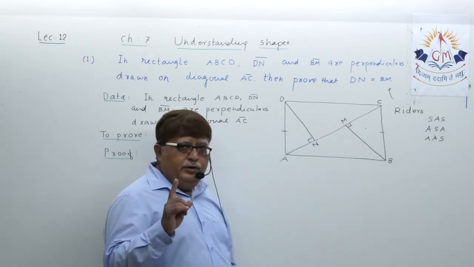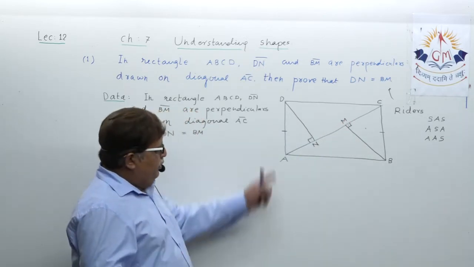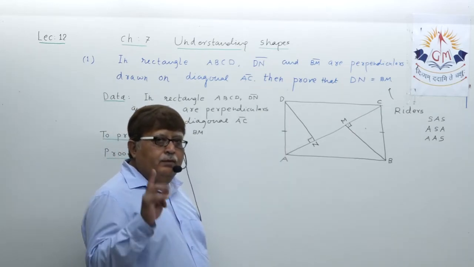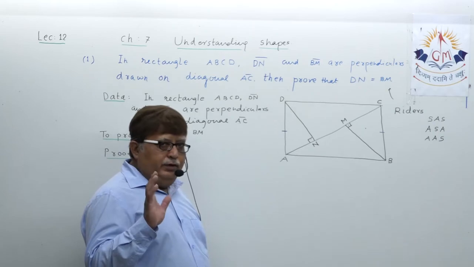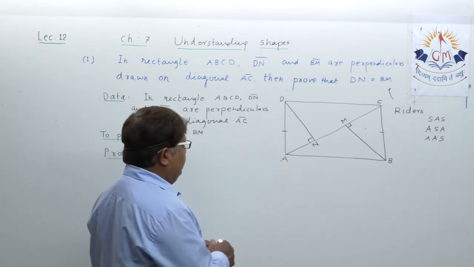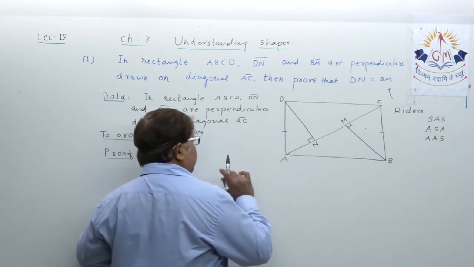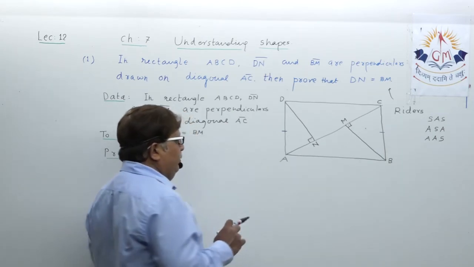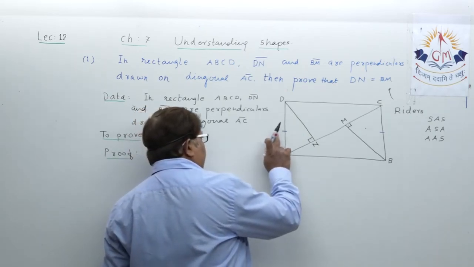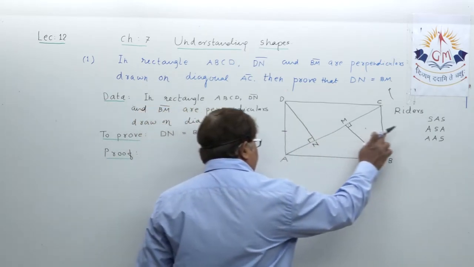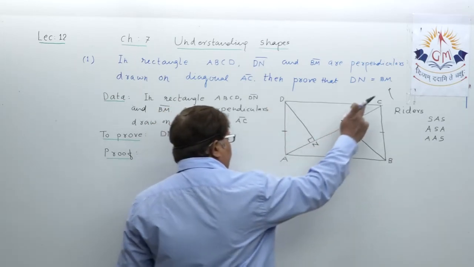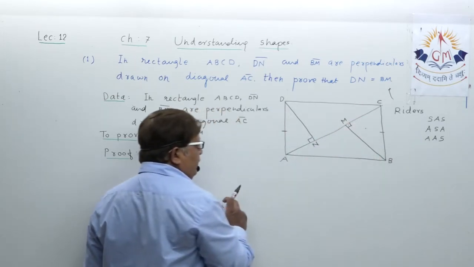You got one pair of angles, one pair of side AD equal to BC. One pair of angle we got. Dear student, another thing, because it is a parallelogram, rectangle, so opposite sides are parallel, means AD parallel to BC.